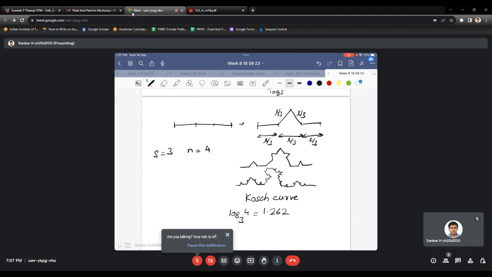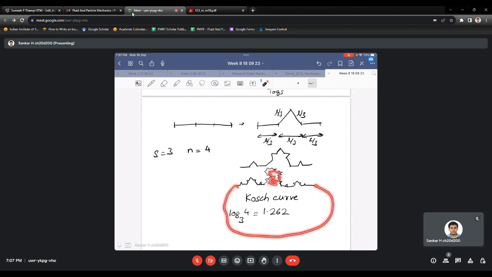What this means is that if you take a one-dimensional object and perform this kind of experiment, you are incorporating some kind of area into it. Although this does not occupy a closed area, if you do it infinite times, we can actually close the one-dimensional line.